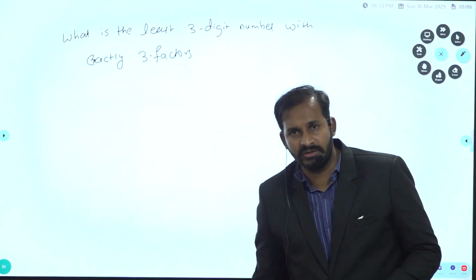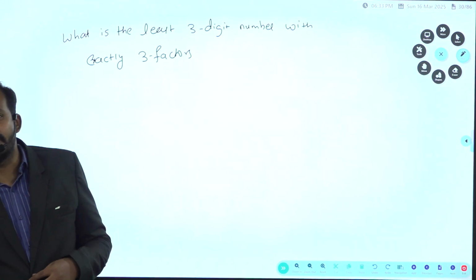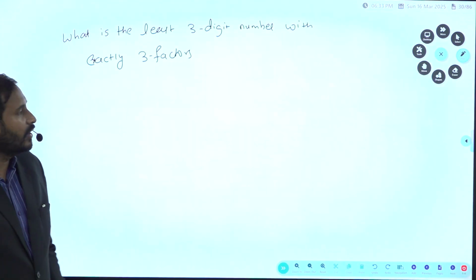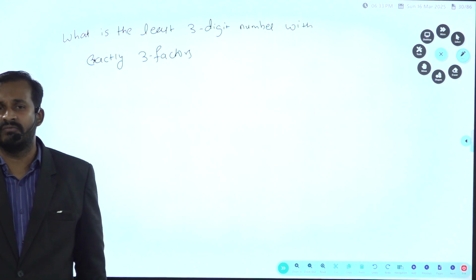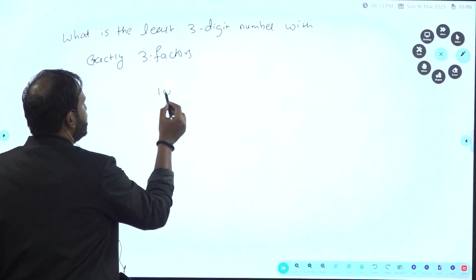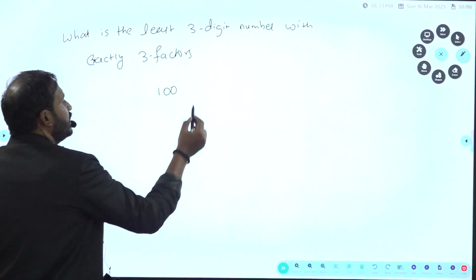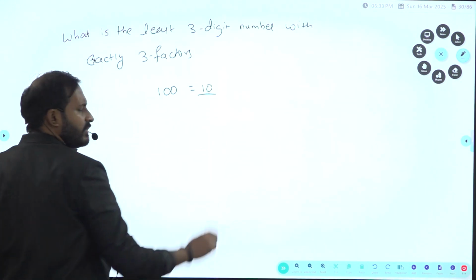Just now I told you, which numbers will have exactly 3 factors? Squares of prime numbers will have exactly 3 factors. So now tell me, which is the least square of a prime number? First, 100 is the least 3-digit number, right? 100 is the square of 10, but 10 is a composite number. We don't require that.